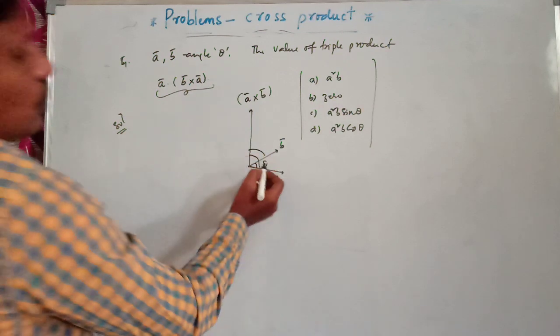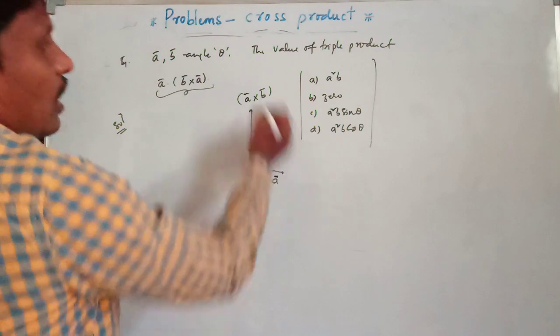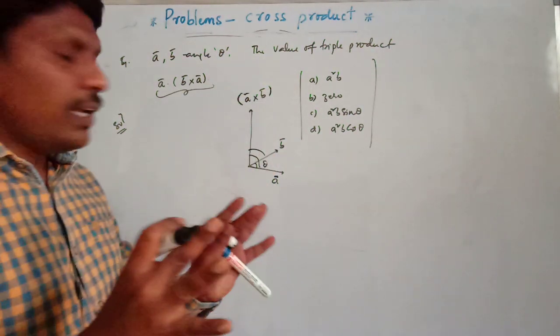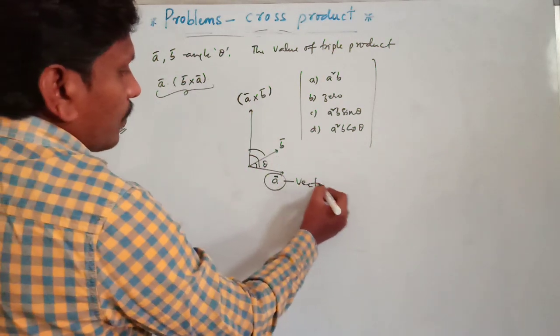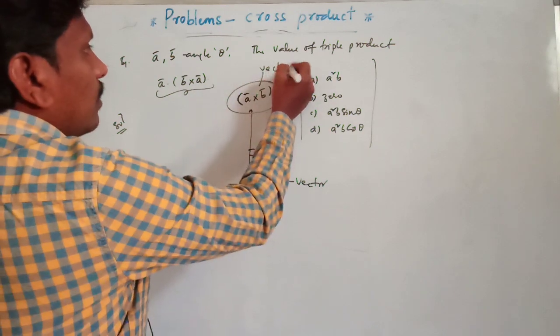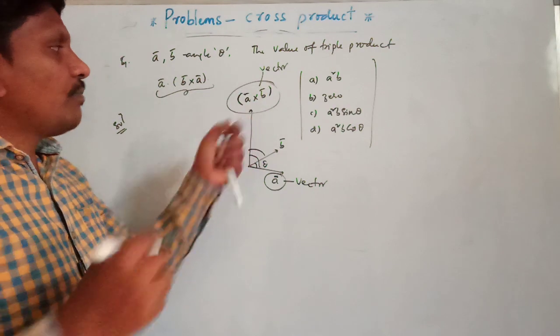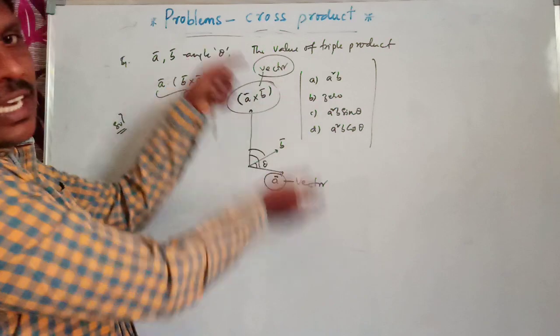So I am taking this A bar dot this. Listen to me clearly. This A bar is a vector which is normal to this vector. A bar cross B bar is also a vector, and I am doing the dot product of the two vectors.